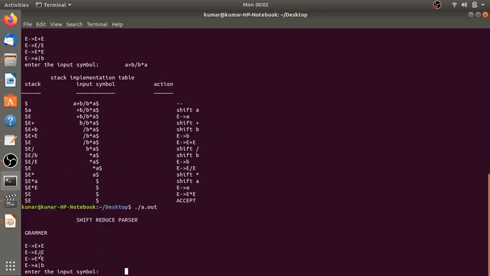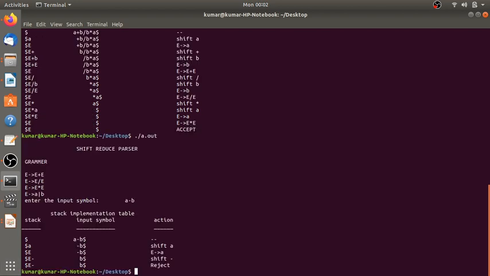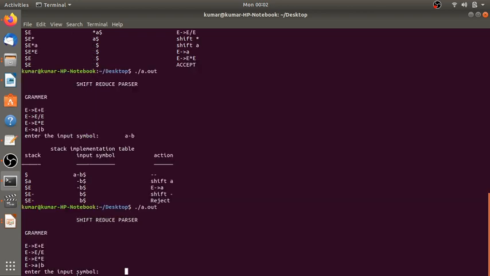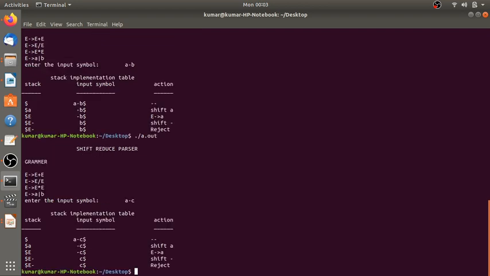Now observe, once again I am going to run. This is my grammar. If I check A minus B, there is no minus in the grammar, so it must give a reject for the minus. Clearly observe, when it reads the minus, it gives the reject. Let's check once more, still considering A and B. If you take A minus C, only A is accepted, and minus C gives the error.